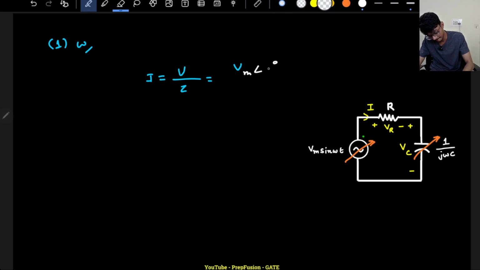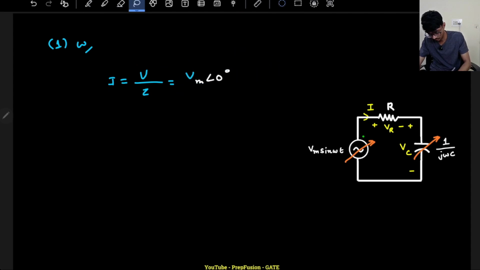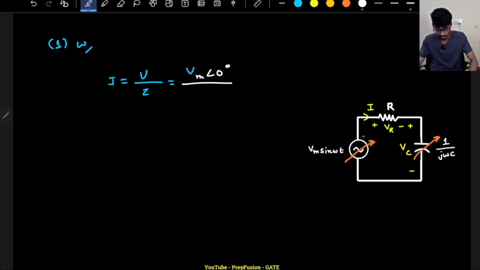What will be Z? So Z will be equals to R plus 1 by j omega C. This is the impedance that I am seeing from the source, correct? So now if I vary this, the phasor quantity Vm will not vary, correct?